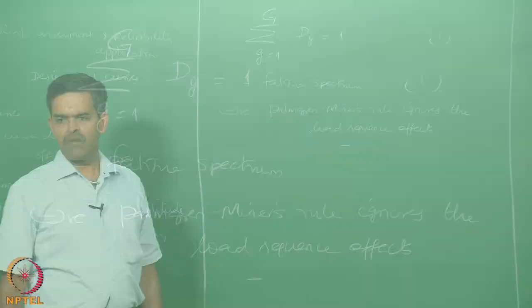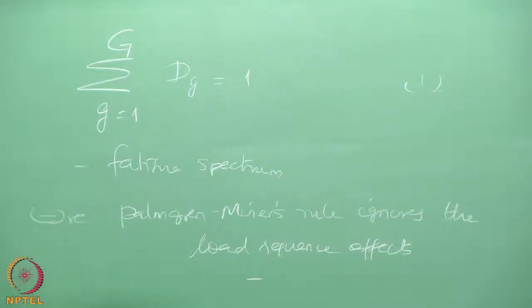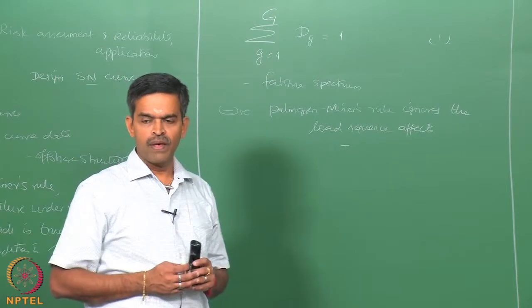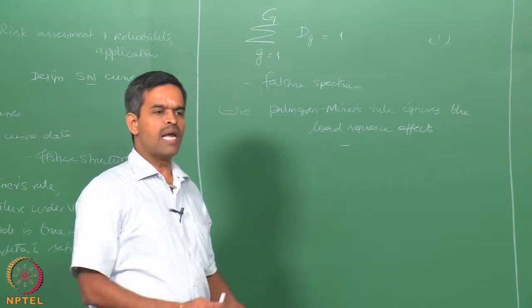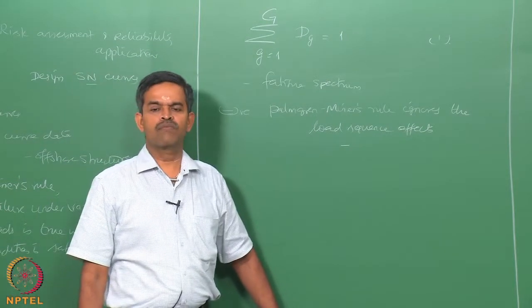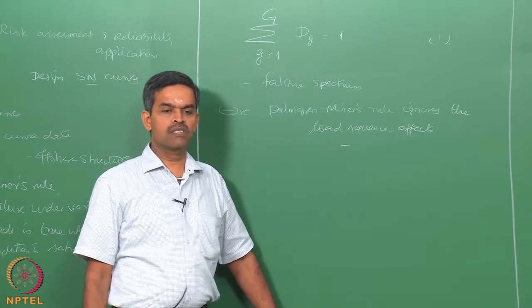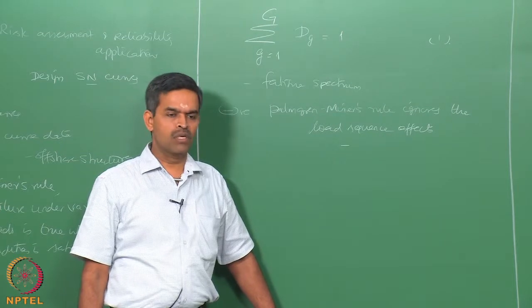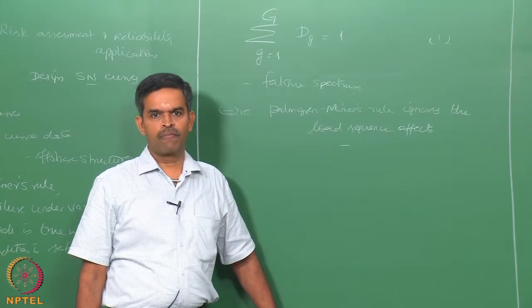So, what we want to say here in general is that the conventional conservative SN approach may also end up estimating very wrong stress concentration factors, based on which a system reliability can be computed for fatigue failure.